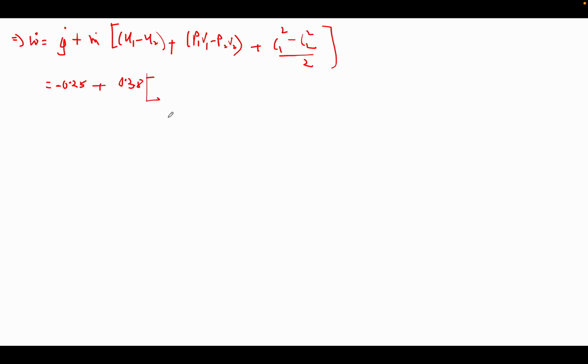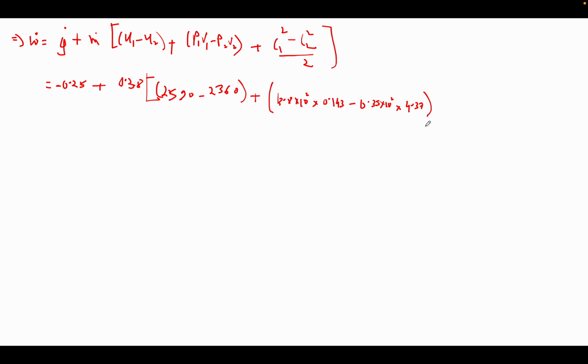Then u1 minus u2: my u1 was 2590 and my u2 was 2360, plus p1 v1, where p1 is 13.8 into 10 square and v1 is 0.143, minus p2 v2, where p2 is 0.35 into 10 square and v2 is 4.37.